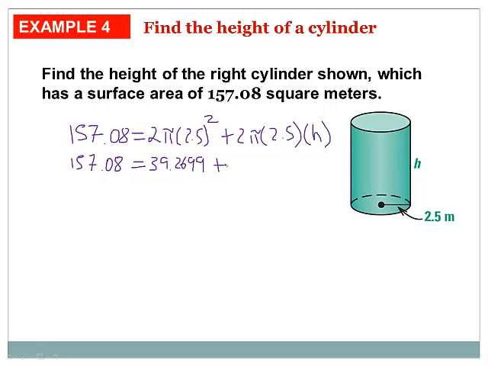We can't multiply it by h, so we just keep it as 15.70796 times h. I'm going to take 157.08 and subtract the 39.2699. That gives me 117.8101.